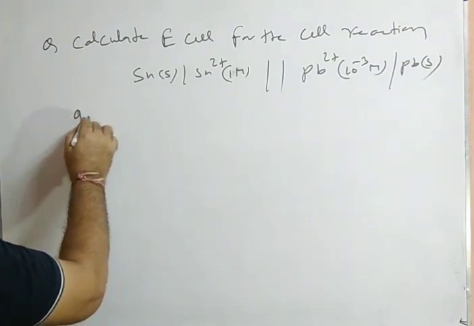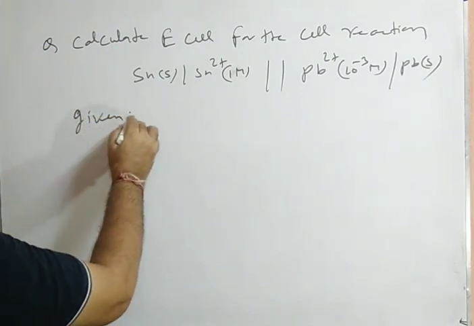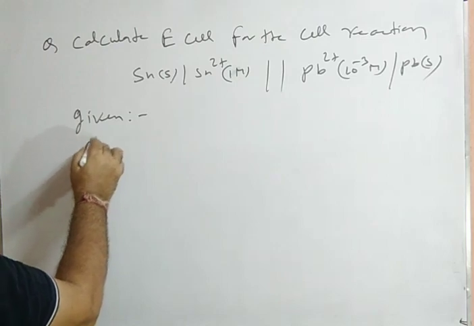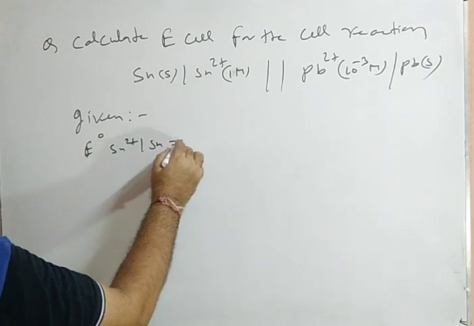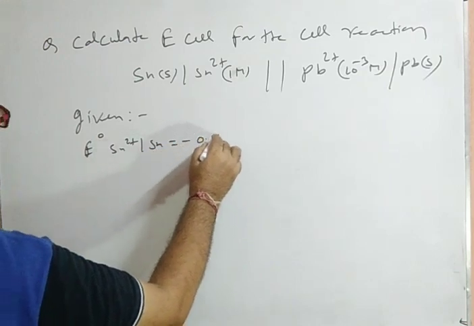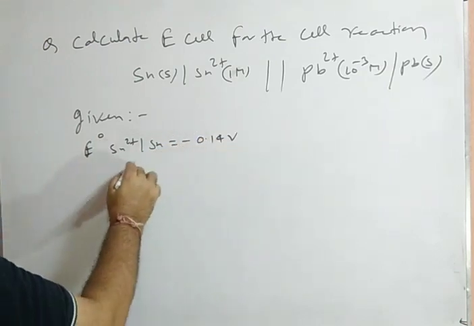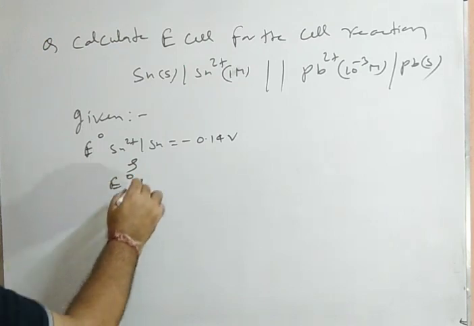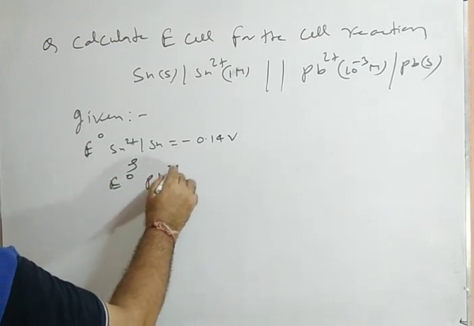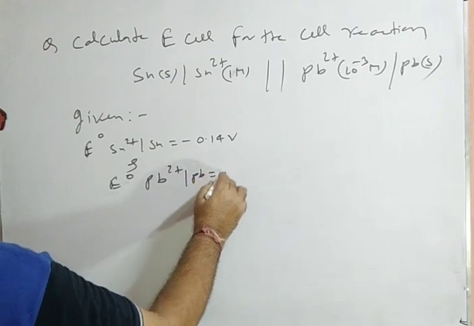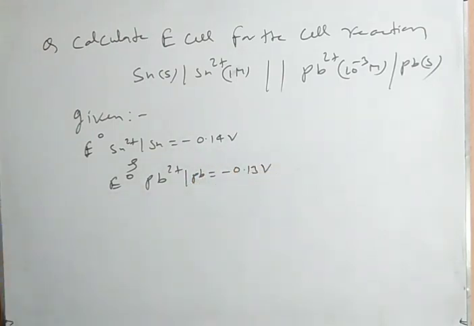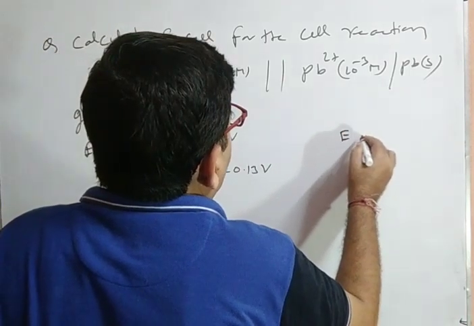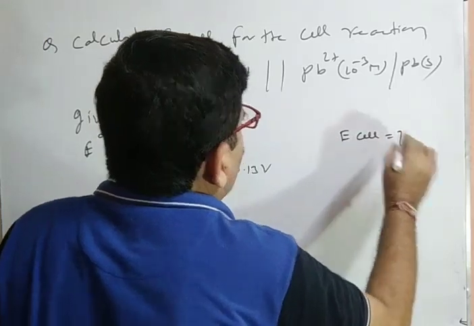Given E naught Sn2 plus oblique Sn is equal to minus 0.14 volt and E naught Pb2 plus oblique Pb is equal to minus 0.13 volt. Our problem is, we have to find out the E cell value.